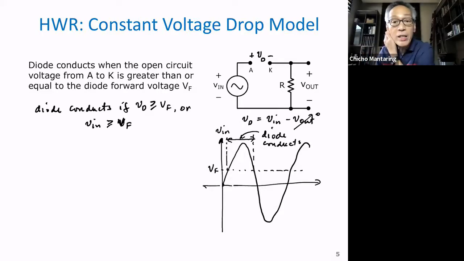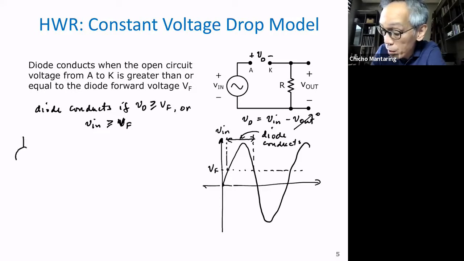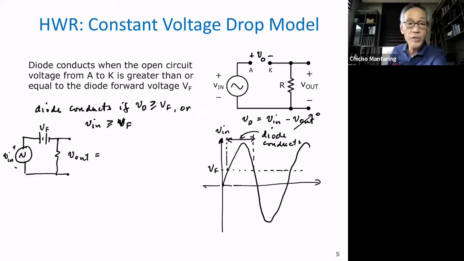Okay, anong equivalent circuit niya pag nagko-conduct siya? Pag nagko-conduct siya, the equivalent circuit is a constant voltage drop. So this is V in. This is the equivalent circuit, V of F. So ano yung value ng V out? What is V out?